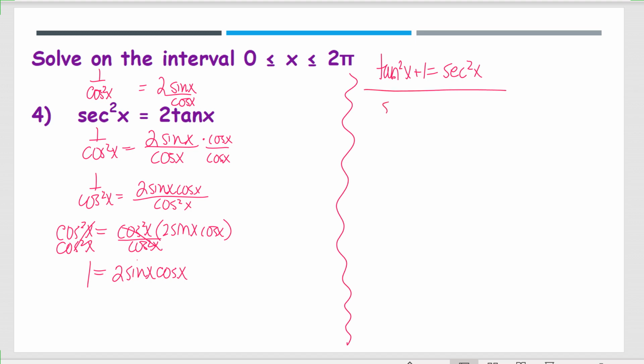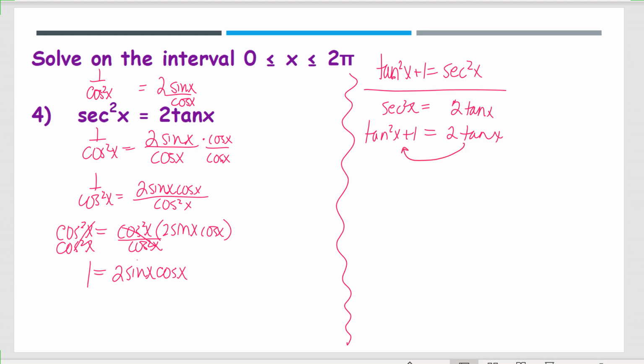So we are going to replace secant squared of x with tangent squared of x plus 1, and that is equal to 2 tangent of x. I think that this might be a better route for most of us because we're pretty good at factoring. That's right.